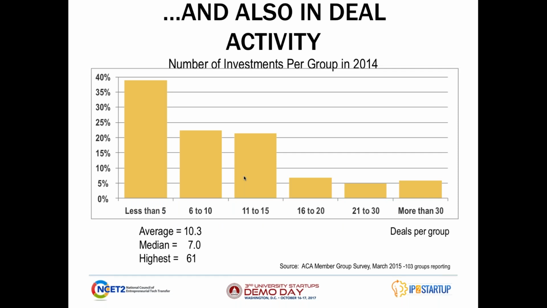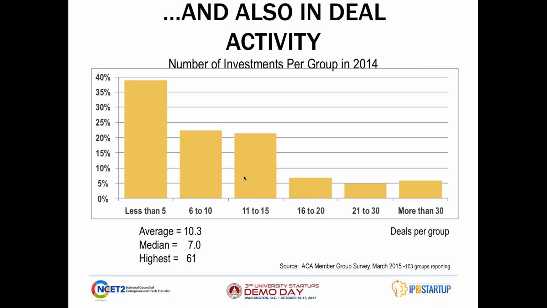A lot of groups do less than 10 deals, and this could be a problem if the angels are just in one group, because as I mentioned, to really succeed, you need a portfolio of between 10 and 20 startups to really make sure that you don't lose your money and you come out on top.